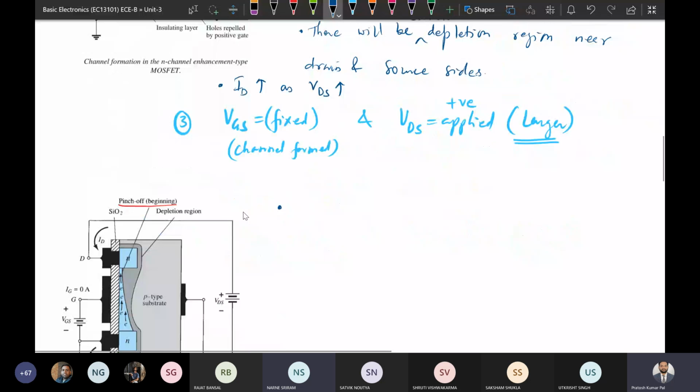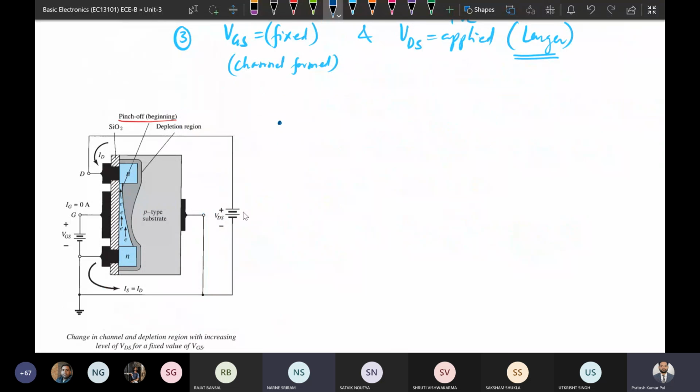Now, as we are applying a large VDS, there will be a larger depletion region near the drain side than the source side.